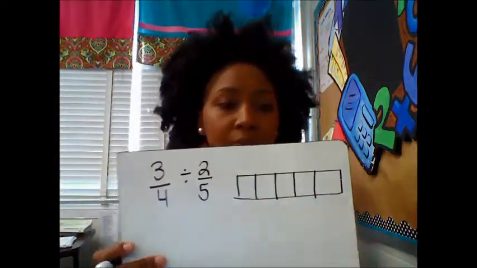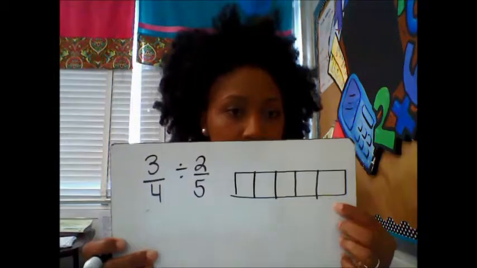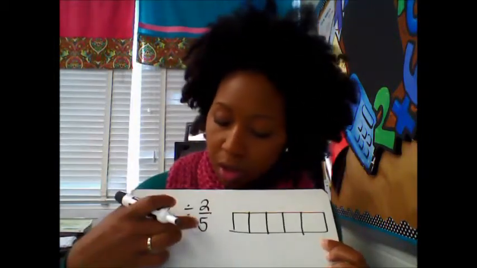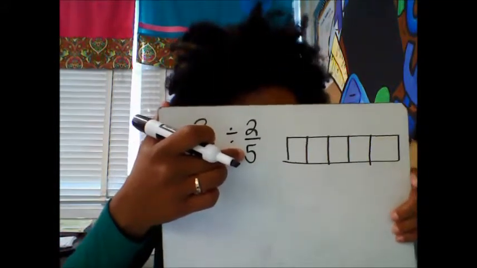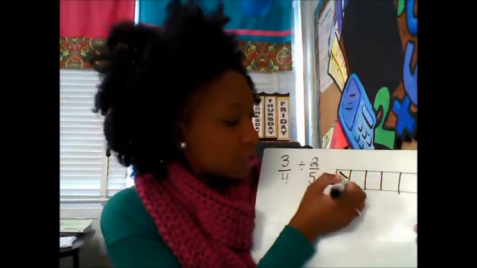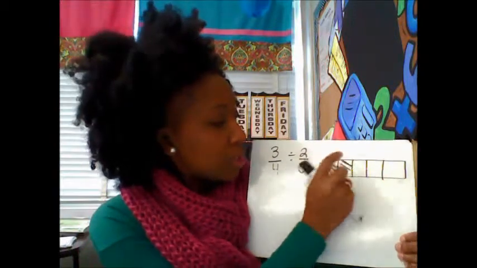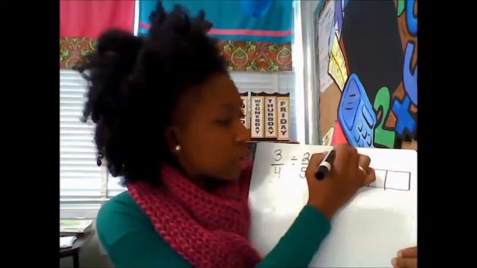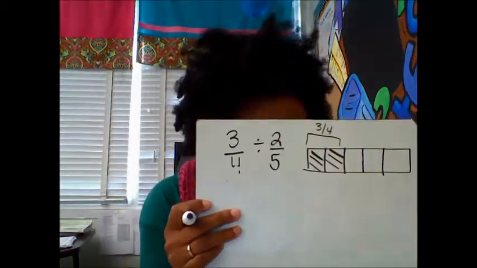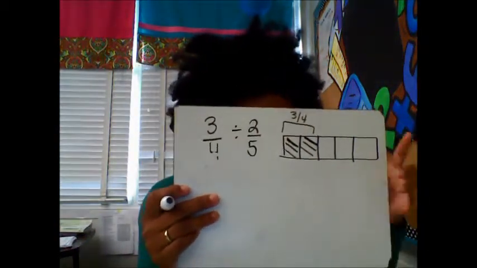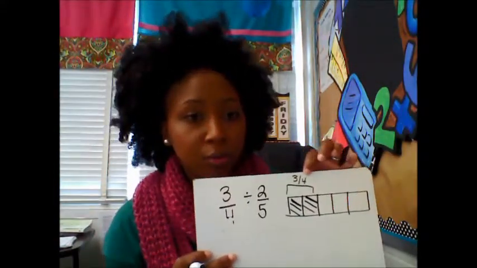So here are my fifths. If you notice, I have 1, 2, 3, 4, 5 sections, and that's going to represent my denominator of 5. I'm going to shade in 2 of the sections. And I know these 2 sections right here represent 3/4, because it says 2/5 of what number is 3/4. So the 2/5 represents the 3/4.